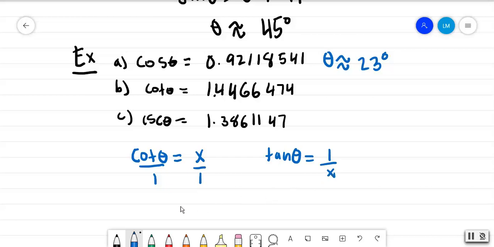Now what this means is that theta is equal to tangent inverse of 1 over x. So all that means is that to do this, we're going to have to take 1 divided by this number and then take the inverse tangent of that.